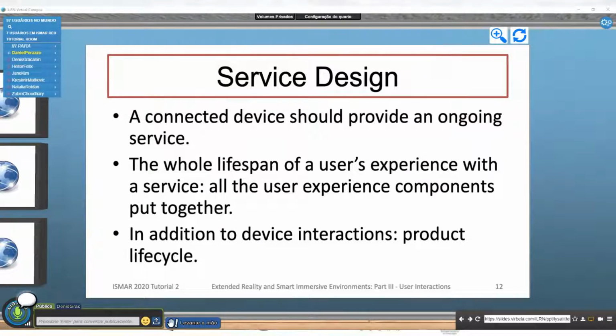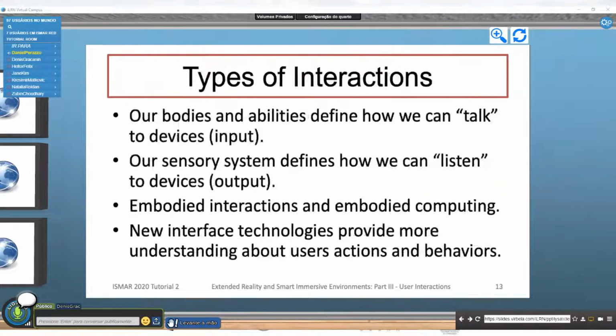So what are the types of interactions? When we talk about user interactions, what are the types? First of all, since we are focusing on body interaction, our bodies and abilities determine how we can talk to devices or provide input. And our sensory system defines output, or how we can listen or get information from the devices.